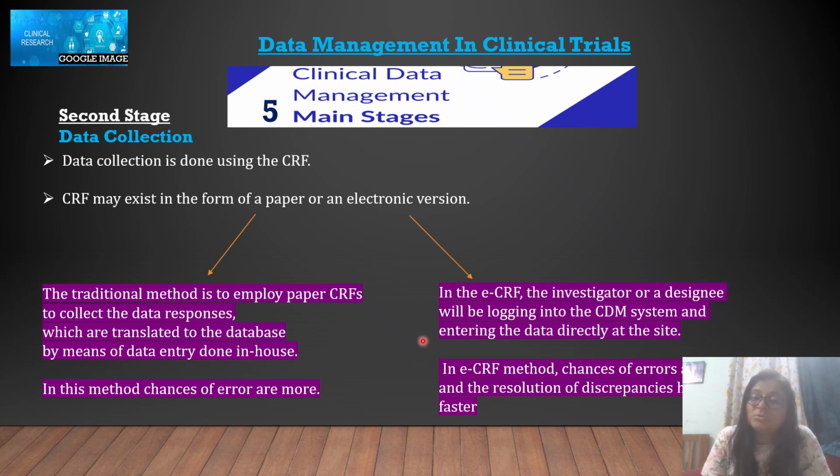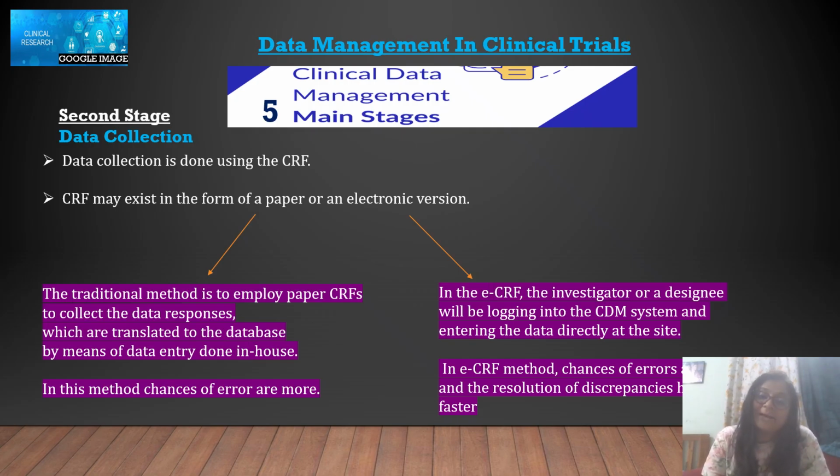Also, the paper CRF has to be done physically, not remotely. If someone is on another side and wants to enter the data, he will have to come to you or you will have to go to that person. But the eCRF can be done remotely also. Obviously it is electronic, so you give them access, and they fill the form and send it to the team.